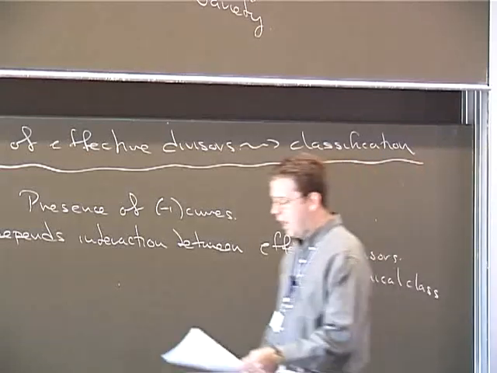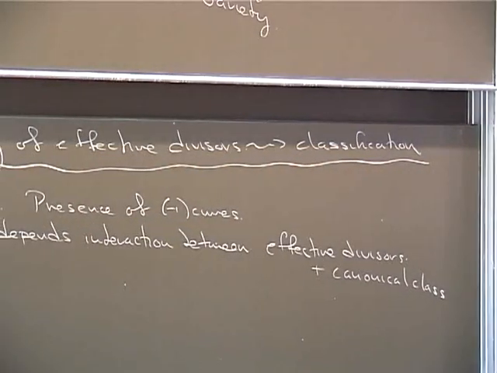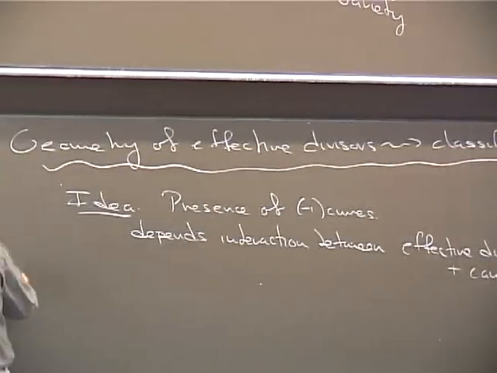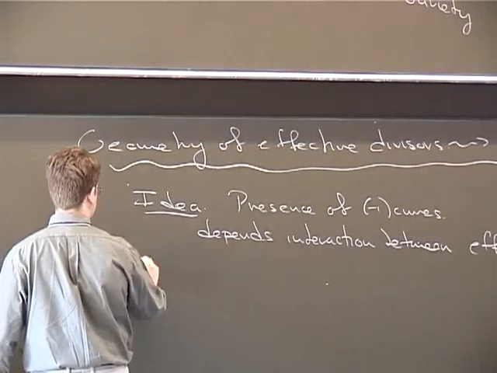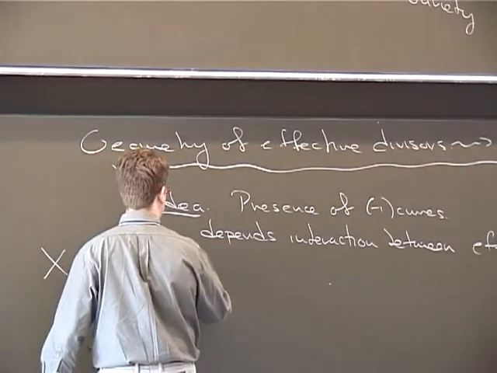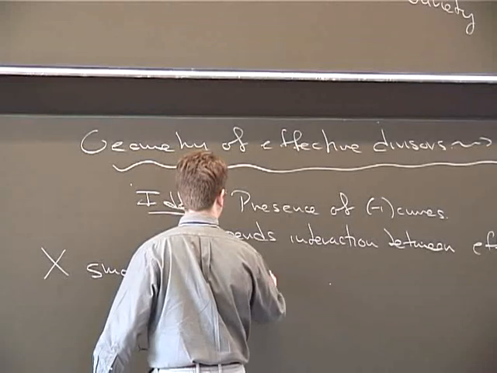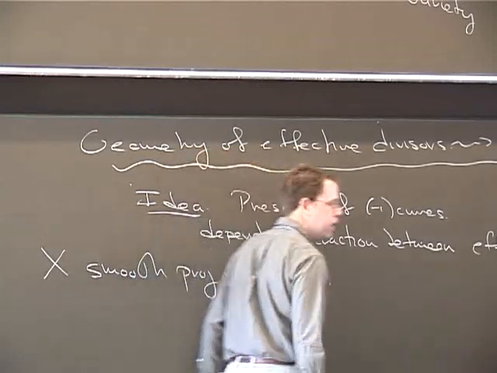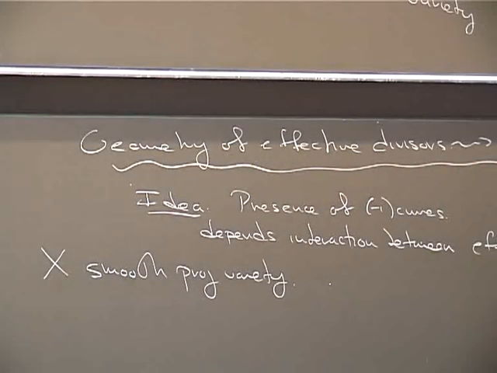So for the time being, let's assume that X is just a smooth projective variety of arbitrary dimension. One reason for doing this is that divisors and curves behave in general quite differently from each other. And it's a good idea to maintain good mental hygiene when you're analyzing divisors and curves.